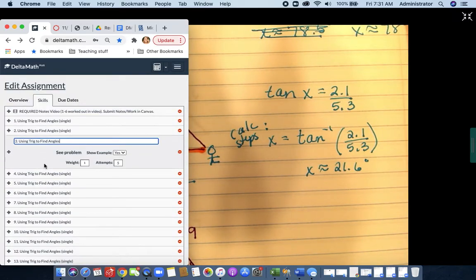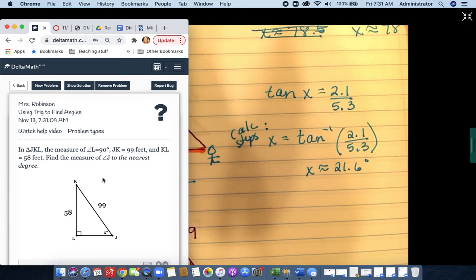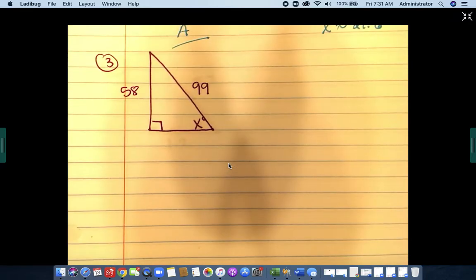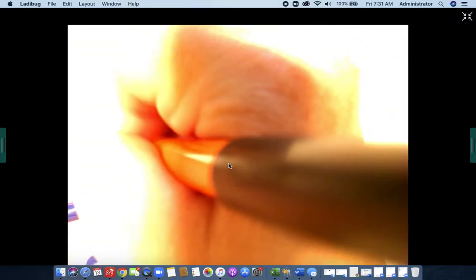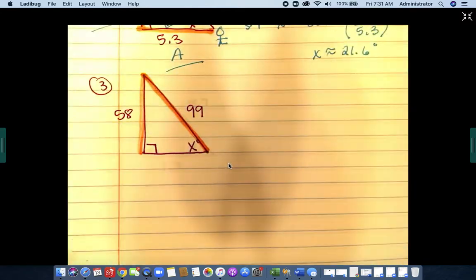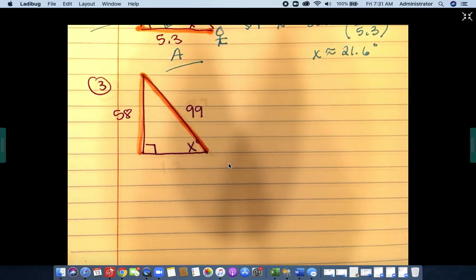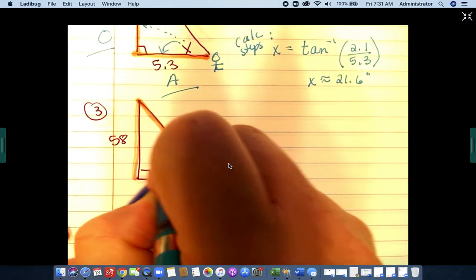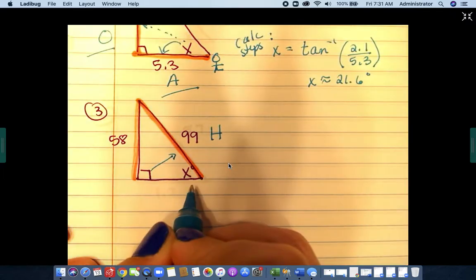All right. And number 3, I'm going to read the instructions. This says I'm to find the measure of angle J, so this x value, to the nearest degree. So I'm rounding to a whole number this time. So for number 3, again, I'm going to highlight the two sides that I'm given because I only want to label these two sides. 99 is the hypotenuse.